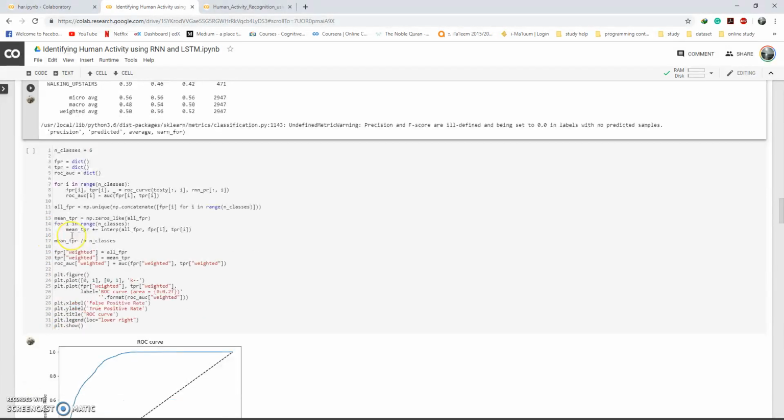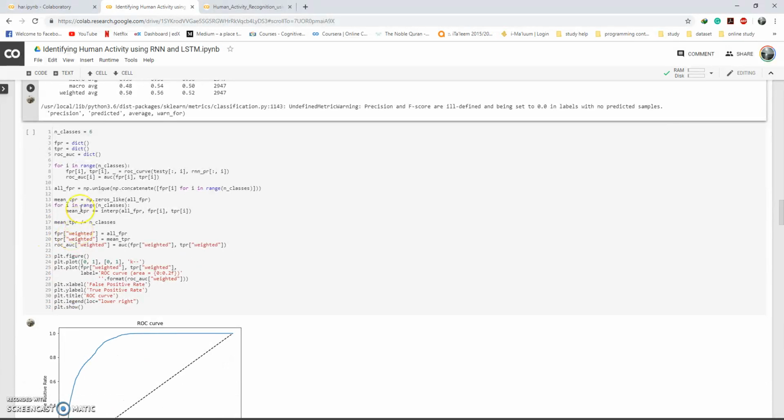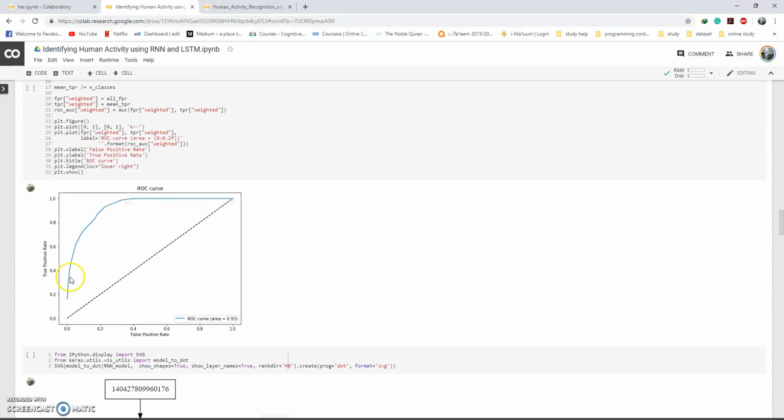Here Brother Noman and Ahmad tried to find out the ROC curve. From the ROC curve we can see that our area under the curve would be approximately 70%.